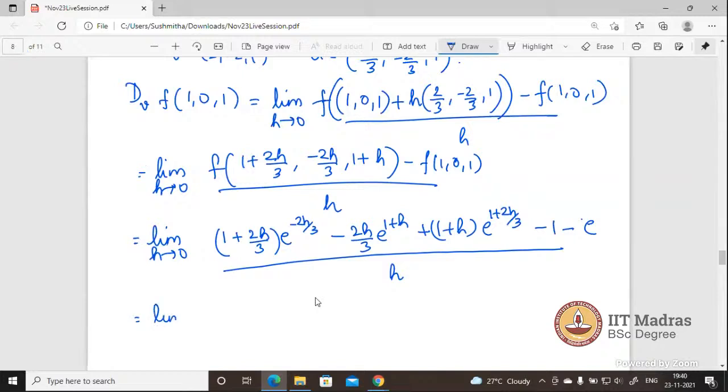Okay, so now let's simplify. Limit as h tends to 0.